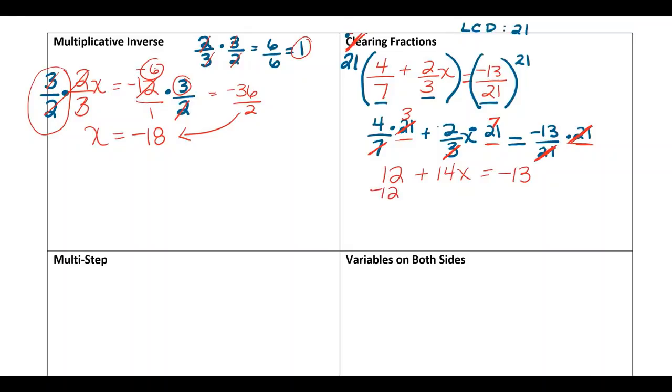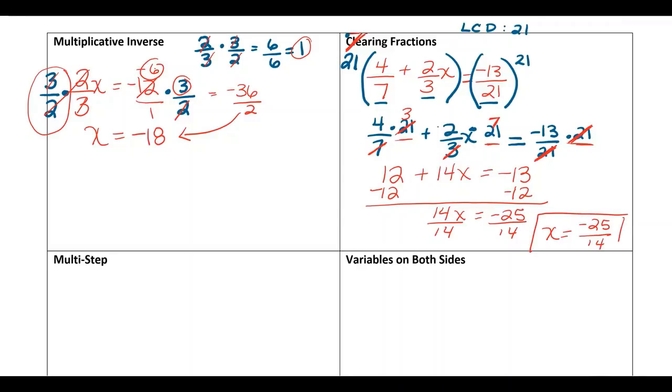Now we subtract the 12 from this side. We end up with 14x equals negative 25. Divide both sides by 14. Remember, I said always work with fractions. Just leave it. Do not type that in the calculator. Negative 25 over 14, that is an exact answer.